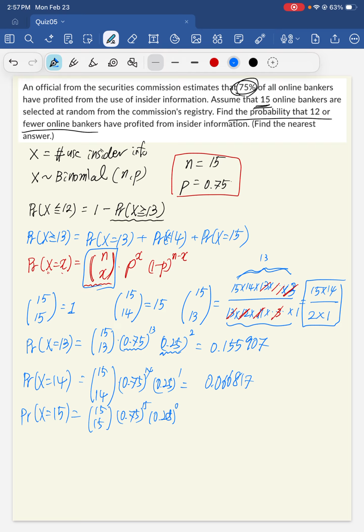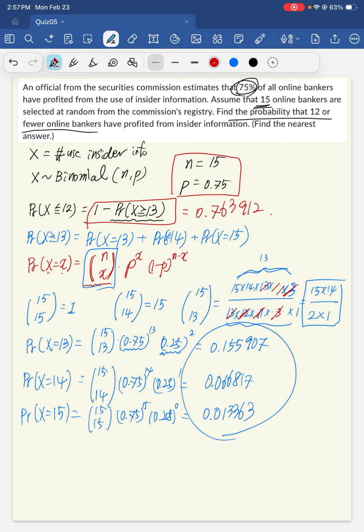So what we have here is we calculated 3 probabilities, and you have to subtract this from 1, right? Let me do that. That is 0.76391 approximately.